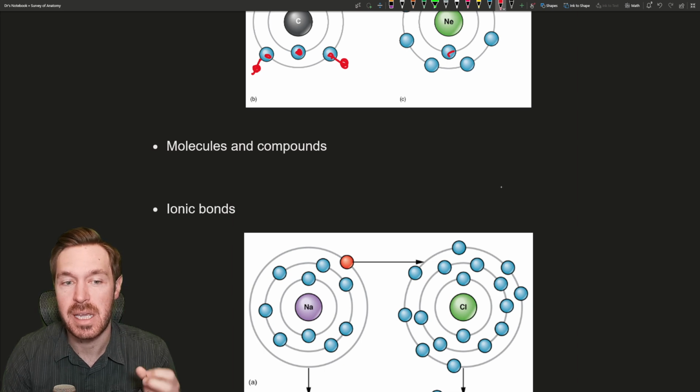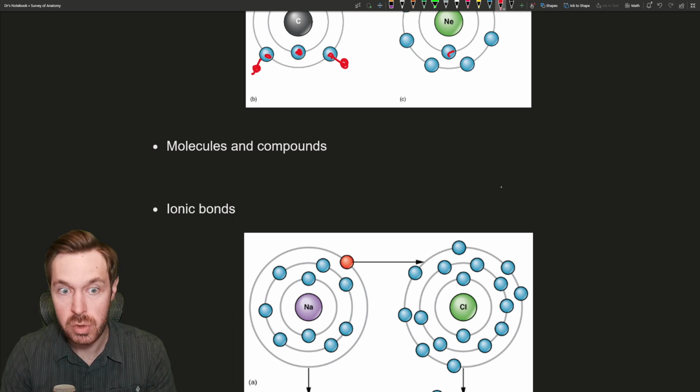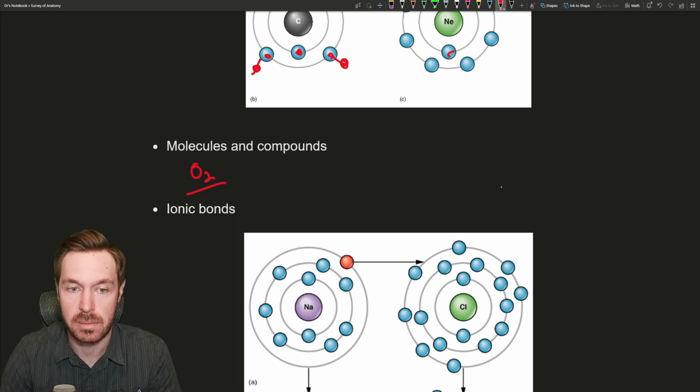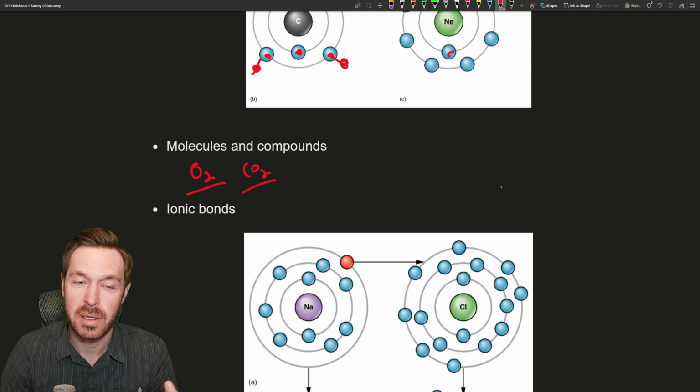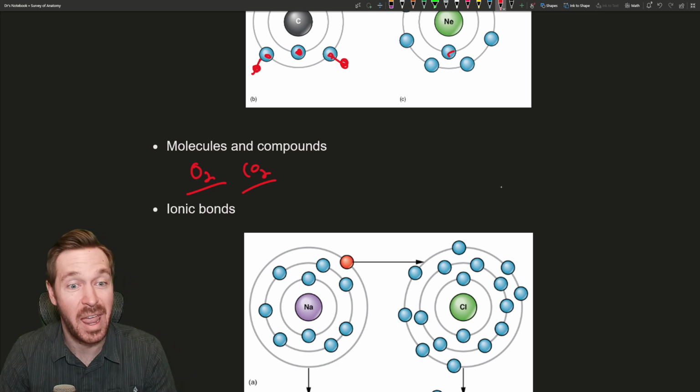A molecule is 2 or more atoms joined together by a bond. So like a molecule of oxygen, the atoms are the same. You could have a molecule of CO2. So these are gases. You could have a molecule of glucose. So they can be different. So molecules kind of considers everything, whereas a compound is where they're always different.